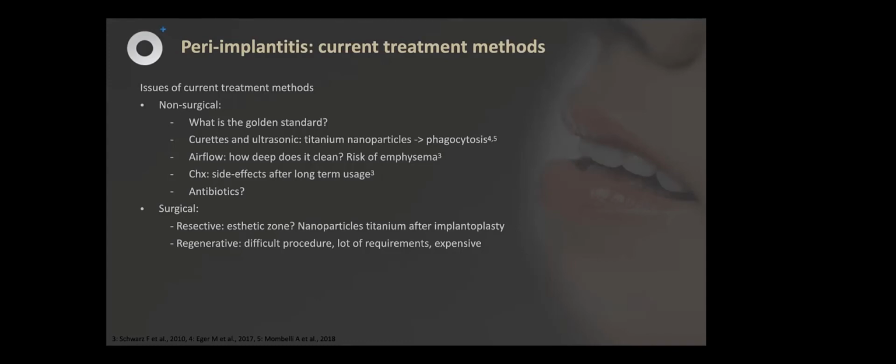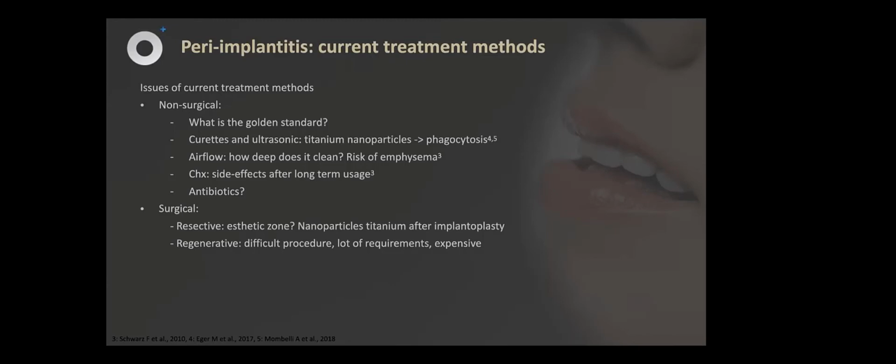An airflow device, for example, is often described, but how deep does it clean? And we have a risk of emphysema. Chlorhexidine side effects after long-term usage, we all know, and it's not something we like to choose, but so far we don't have so many alternatives. And antibiotics is also a non-surgical therapy, but if we look at immune fitness, I think we might reconsider this.